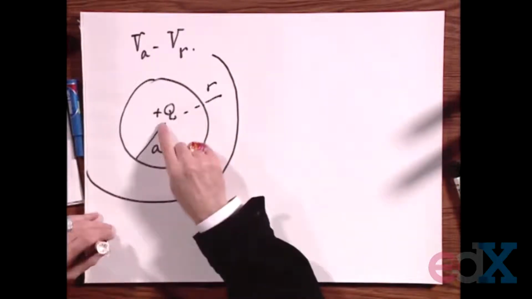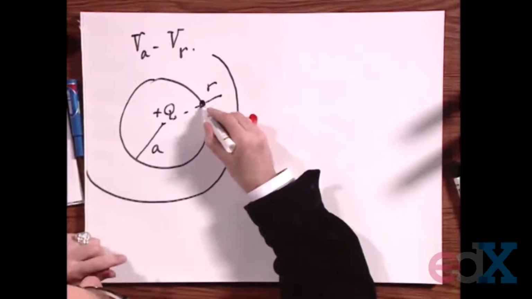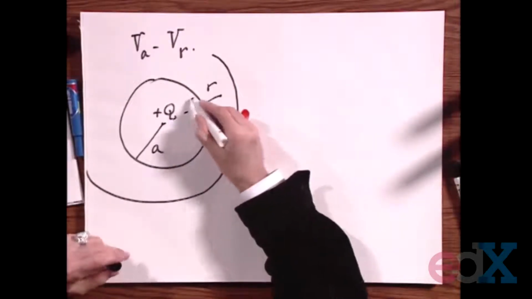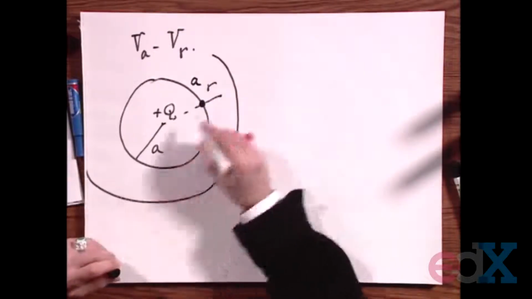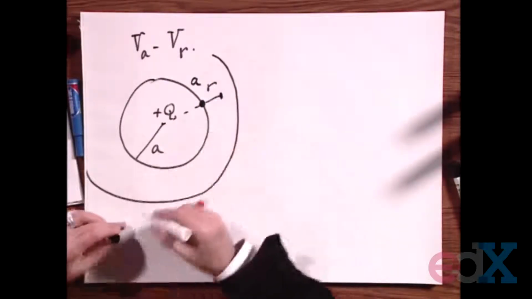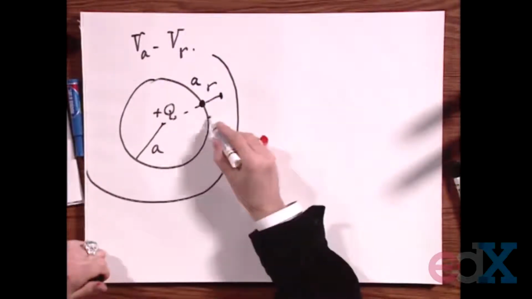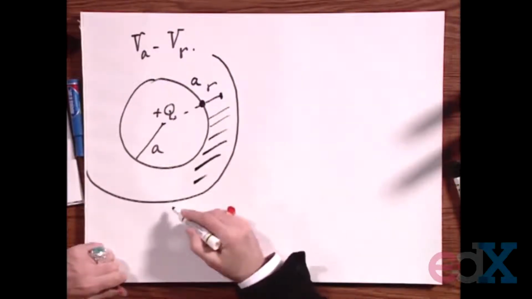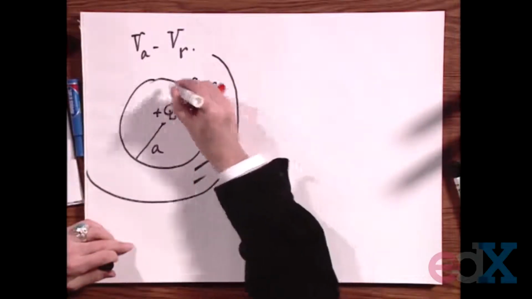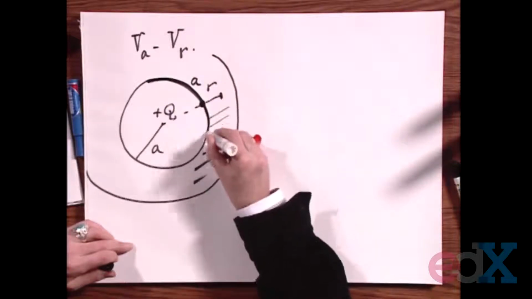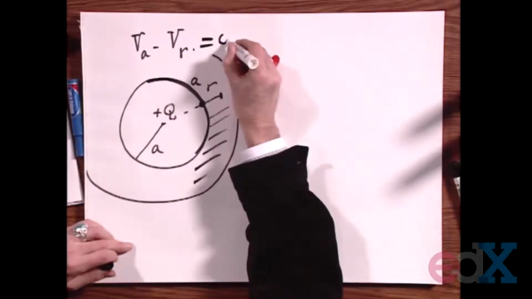I meant this point to be A. My shorthand notation is this point A, potential difference with this point R. Well, this is a metal, so there is no electric field. So the potential difference between the surface of the inner cavity and any point in the metal equals 0.